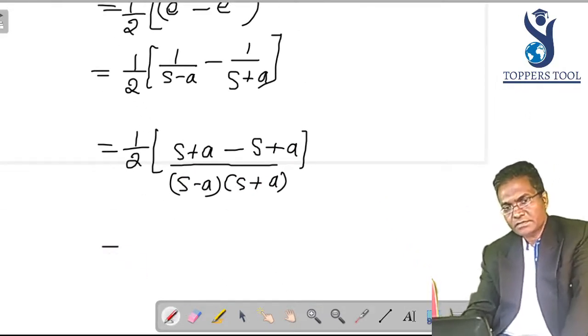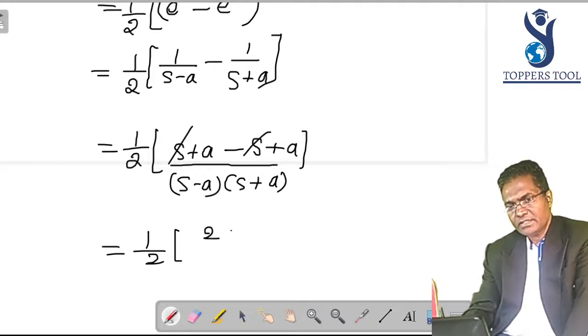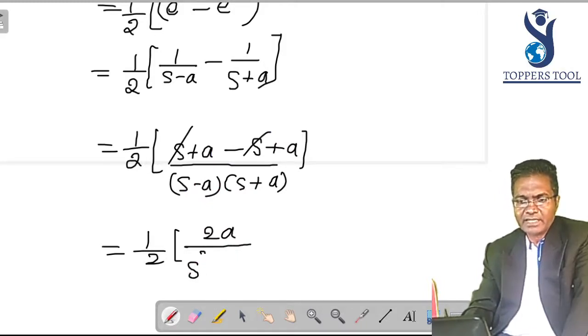Okay. 1 by 2, the s cancels, you get 2a divided by, this is of the form a plus b, a minus b, you will get a square minus b square. Like that you will get s square minus a square.